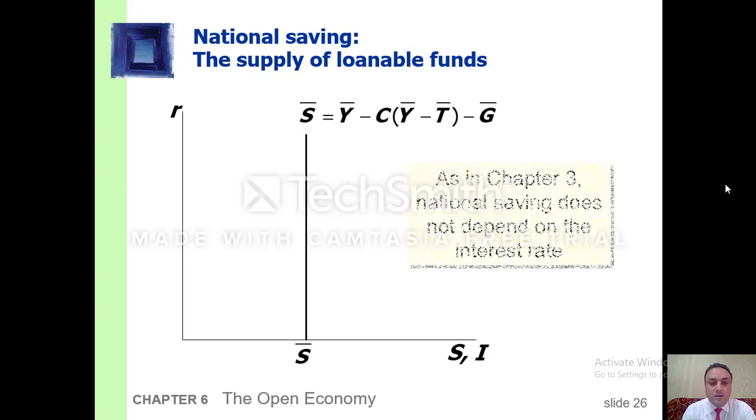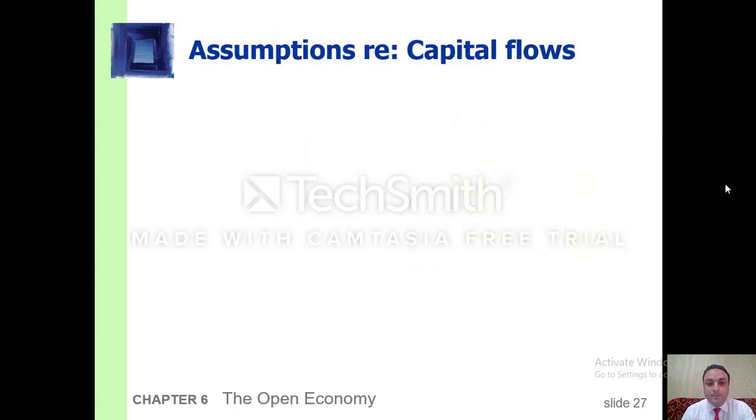So it is fixed. As we saw in chapter 3, the national saving doesn't depend on the interest rate, which is R on the vertical axis. It is not determined by the interest rate like the investment, but by the amount of income, consumption, and government spending.